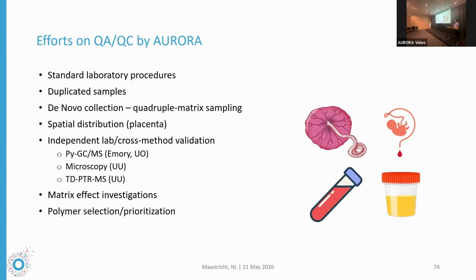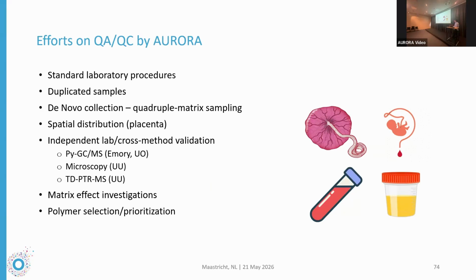So let's bring the story back to the AURORA study to see what we have done to achieve better QC. So besides standard laboratory procedures, we also analyze duplicated samples to make sure that we have representative or reliable results.